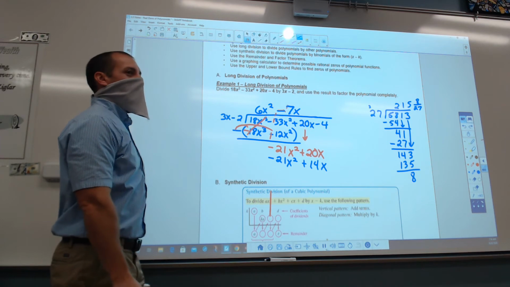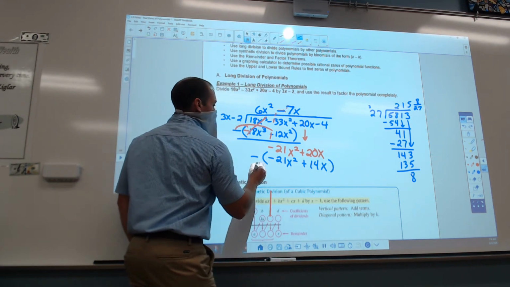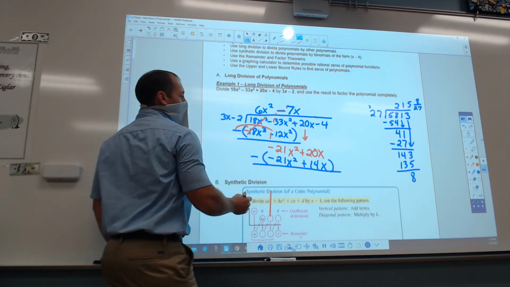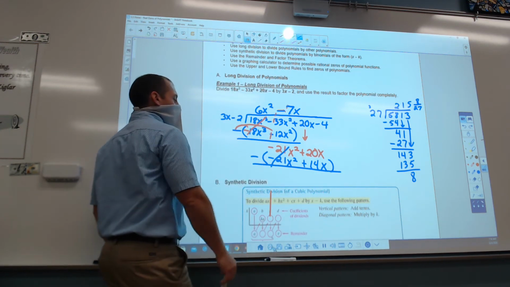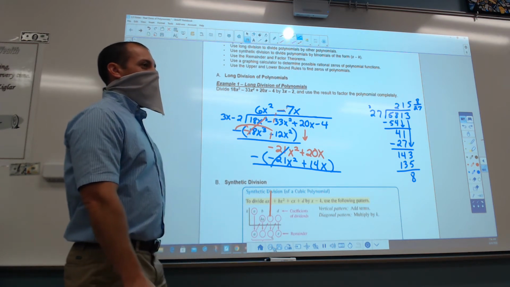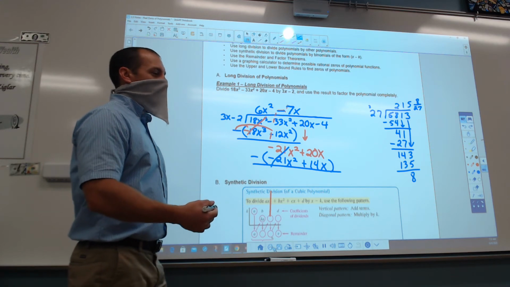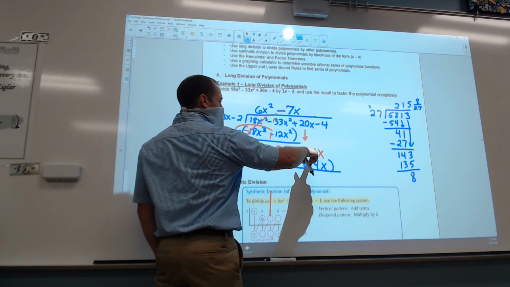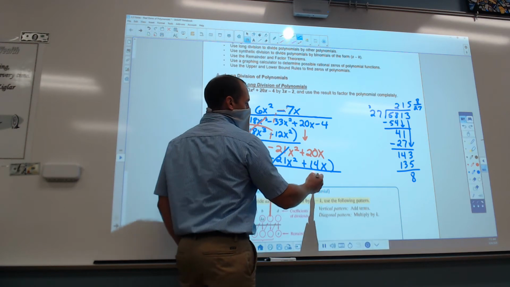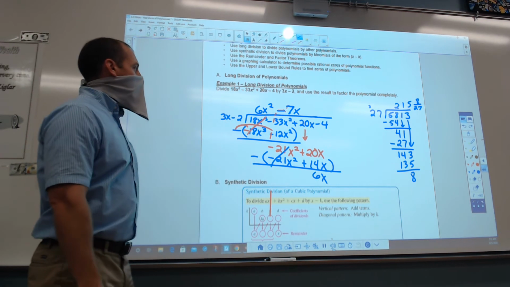And what do I do with all that? Subtract that whole thing. 21x squareds are going to cancel. Make sure you don't put 34x for the next part. Don't forget to do what with that negative? Distribute it. You're going to have 20x minus 14x gives you 6x.